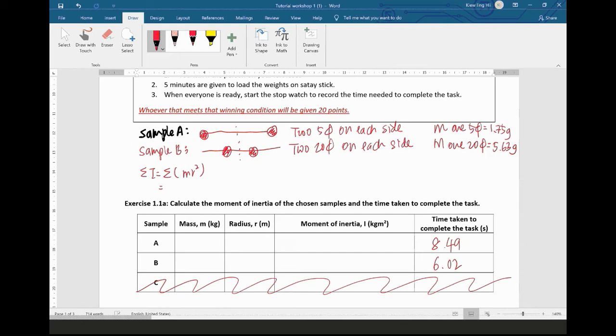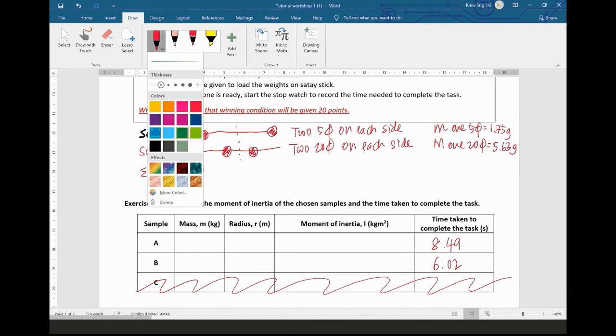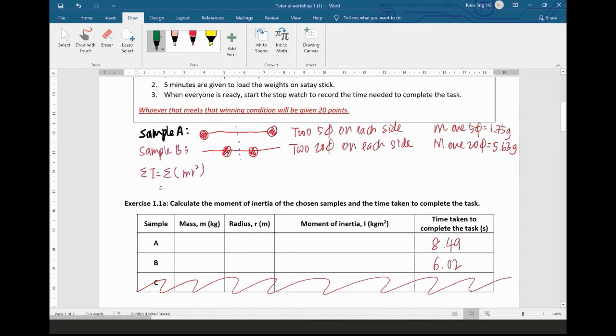If you still remember the questions in your lecture notes, this is your center of rotation. Here is your m1, and that will be your m2. The distance between the center and m1 is r1, and the distance between the center and m2 is r2.